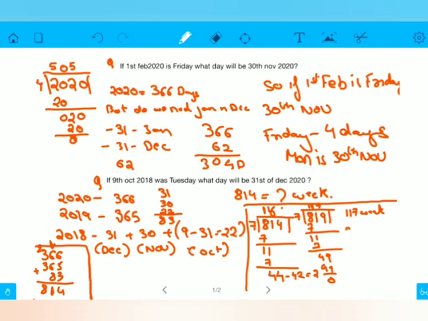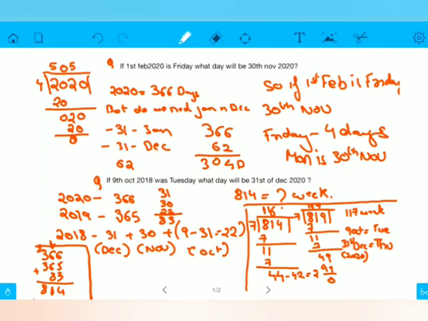So 5 days minus Tuesday will make, sorry, I had a cough, Monday, Sunday, Saturday, Friday, and then drumroll please, Thursday. Thursday is our final answer.